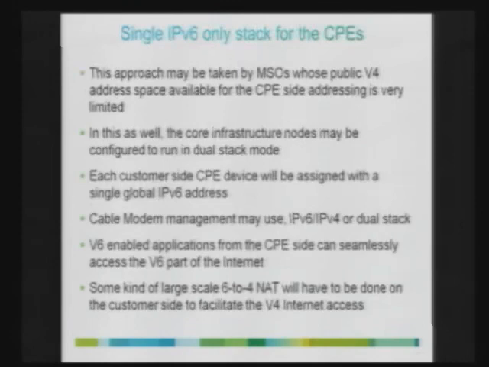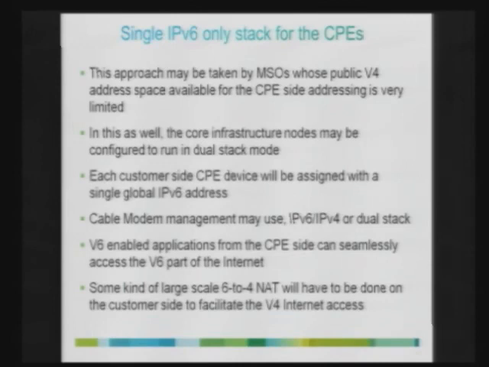However, most of the providers out there are running short of v4 addresses. So in such cases, one option would be to start offering only IPv6 addresses, single stack IPv6, to the CPEs on the customer premises side. The flip side is, we know that a major portion of the internet will continue running on v4 for quite some time, for the foreseeable future, at least a few more years.